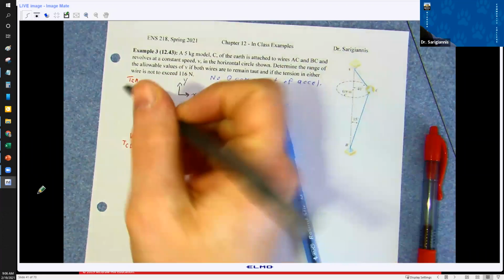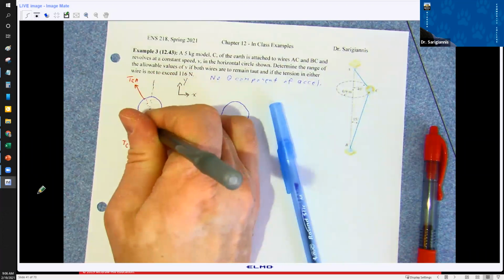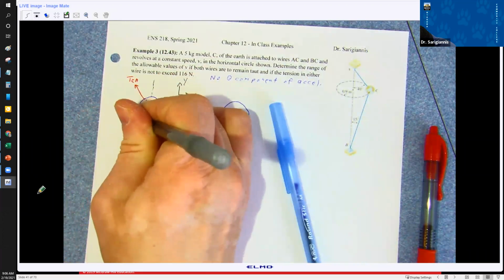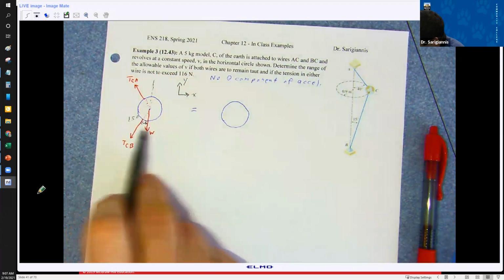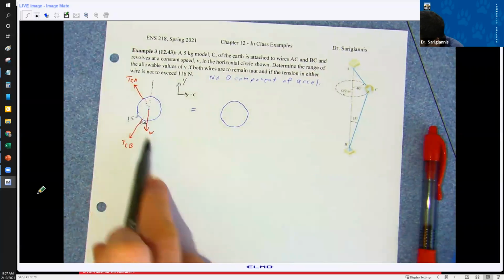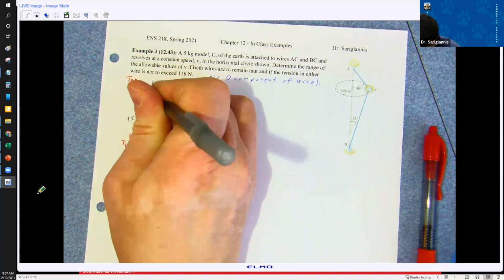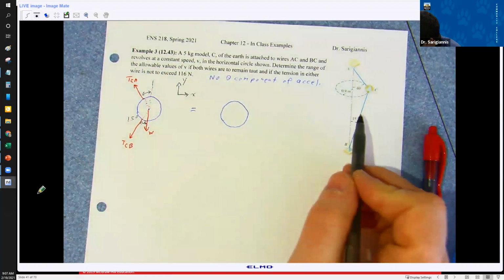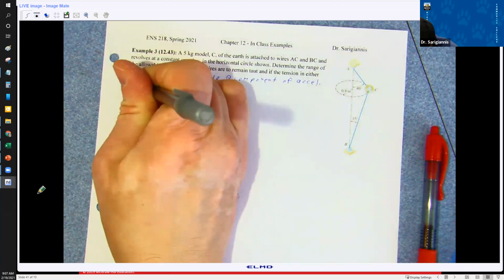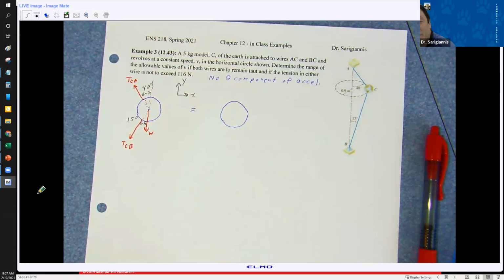So this in here is 15 degrees. Be careful, it's 15 degrees here, but it's running through the center of the globe is a vertical line, so it's alternate angles between two parallel lines, or whatever that rule is called. I never remember the names of these things. 40 degrees.